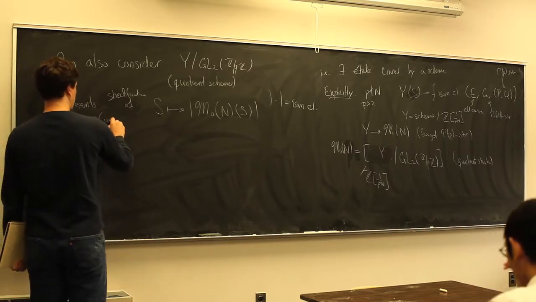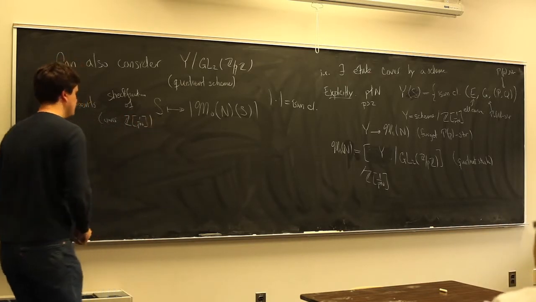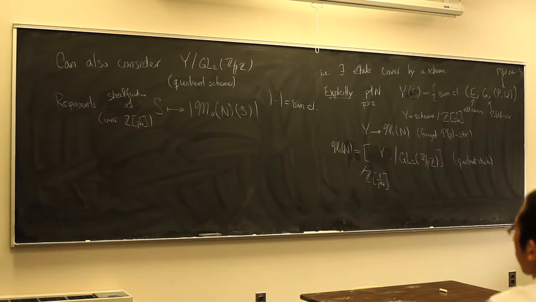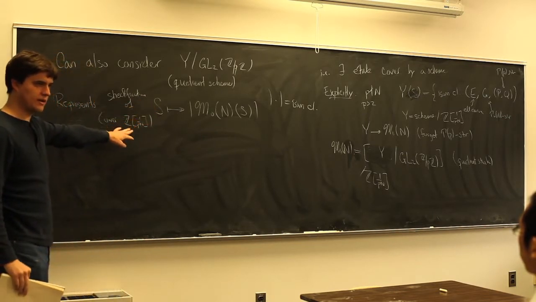And this, of course, only works over Z adjoin 1 over pn. Okay, so using different p's, you can get rid of that p and get that this thing is represented over Z adjoin 1 over n by a scheme.